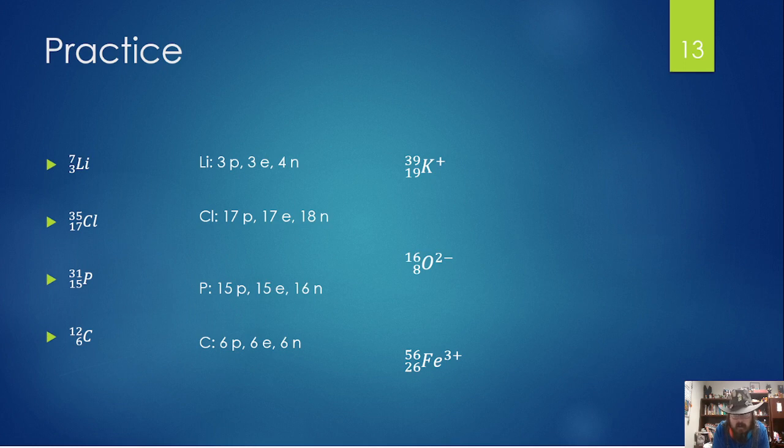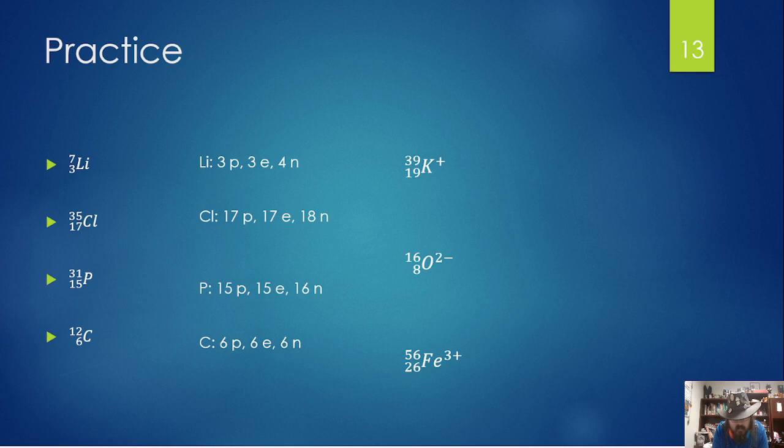Now, oxygen anion. We have 8 protons. We have 8 neutrons, but we have 2 extra electrons. So if we have 8 protons, 2 extra electrons would put us up to 10 electrons. And lastly, iron cation.